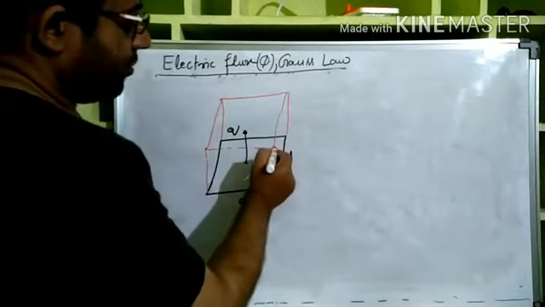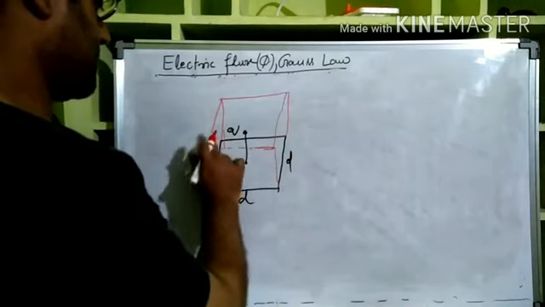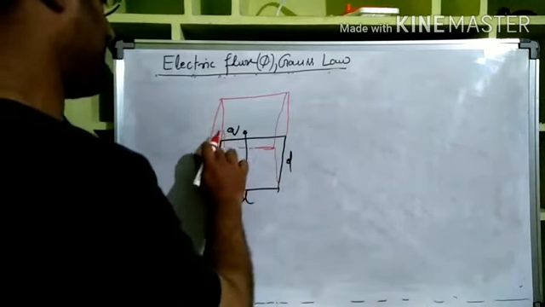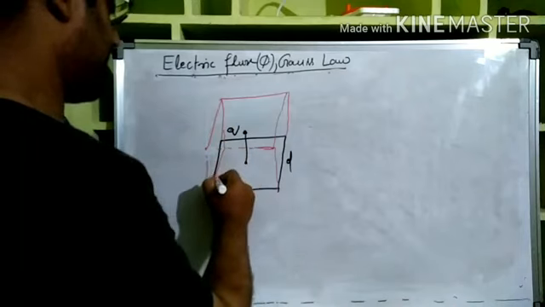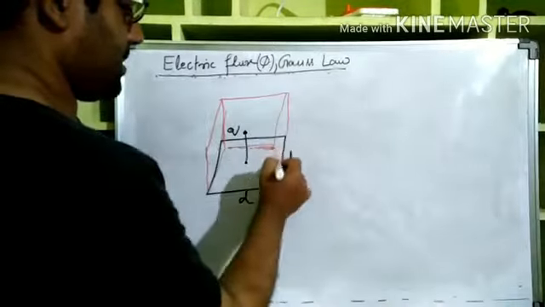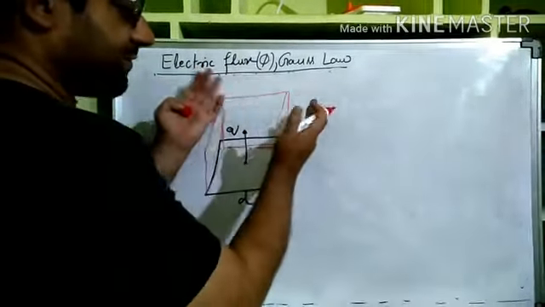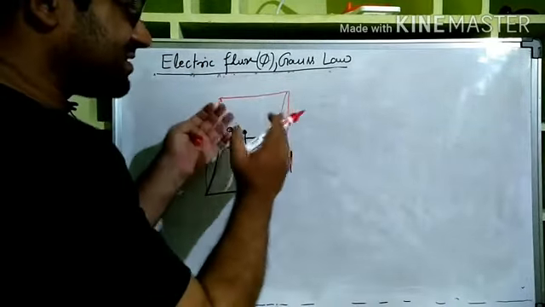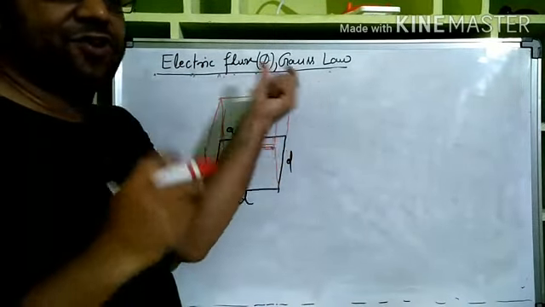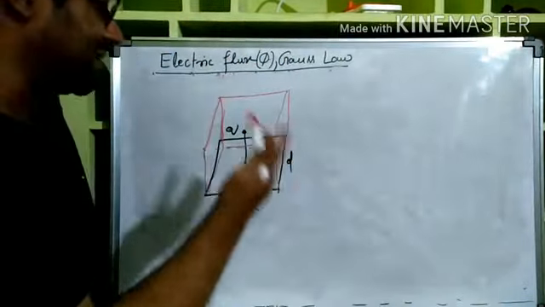So on that you build a cube. If the cube is the closed surface, this surface is called a Gaussian surface in fact, and Gaussian surfaces are not really existing, made with some material. It is in your imagination.